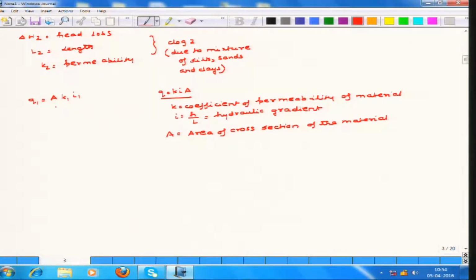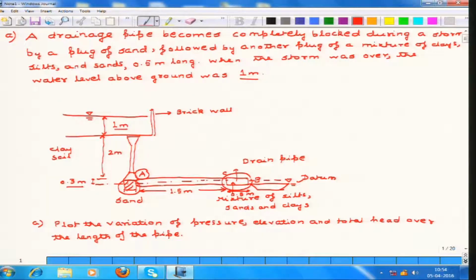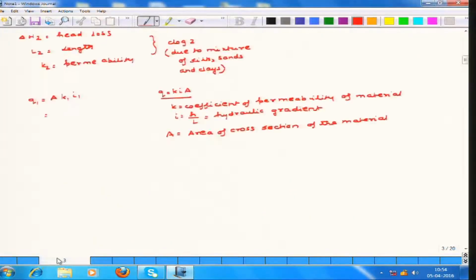Similarly for clog 1 we get Q1 is equal to A K1 into I1. Now, A is considered the same because the area of the cross section of the pipe, as you can see, is almost the same in both cases. That is why we considered a single area A.